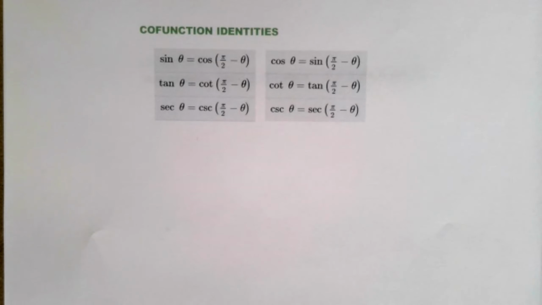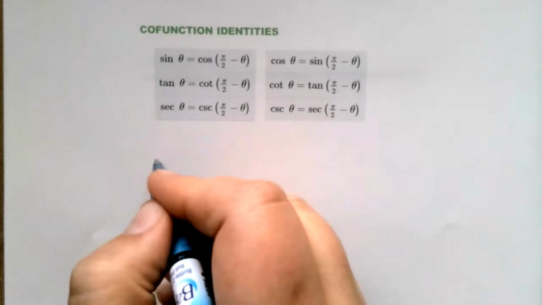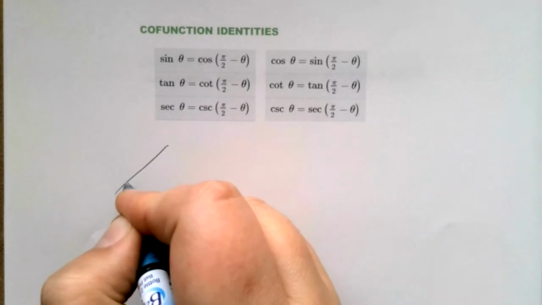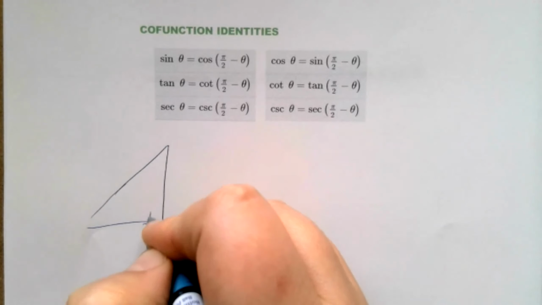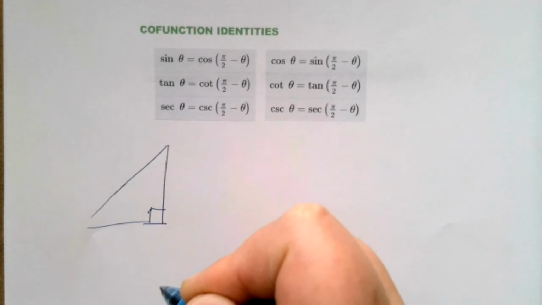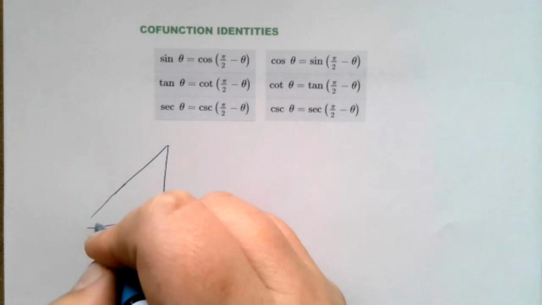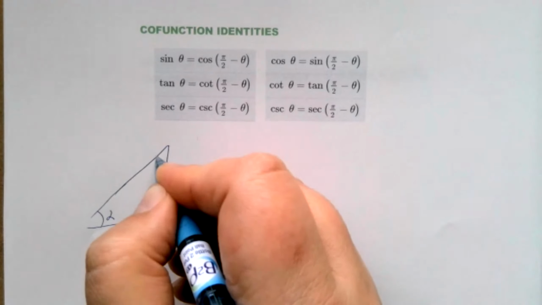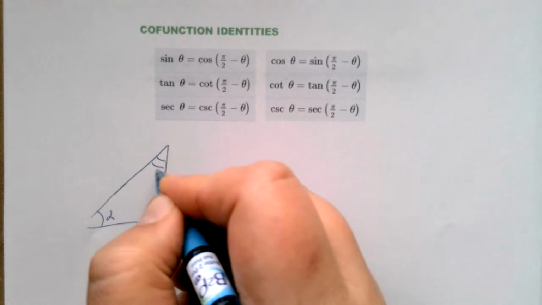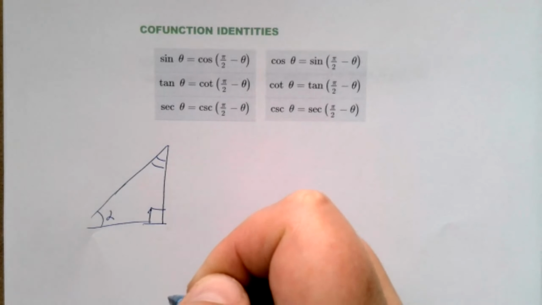Before we proceed to our next example, I just wanted to spend a little bit more time on these identities and justify why we see what we see. If we have a right triangle, and let's say we have this angle alpha, what would be the other angle measure?